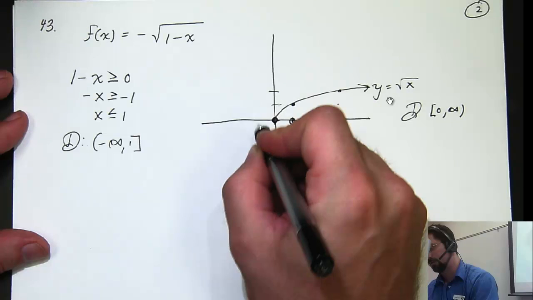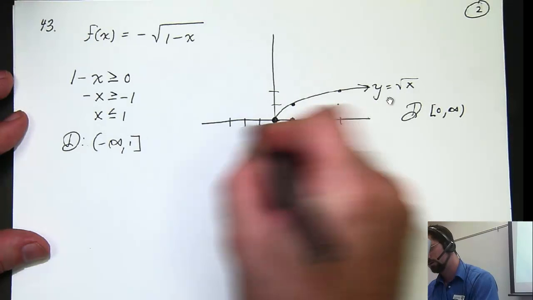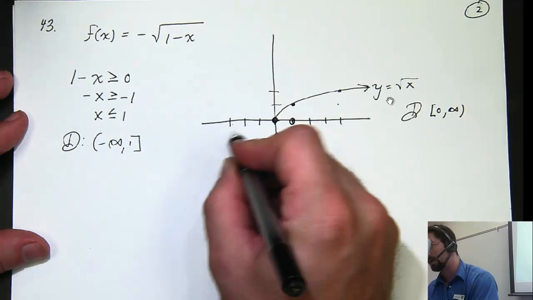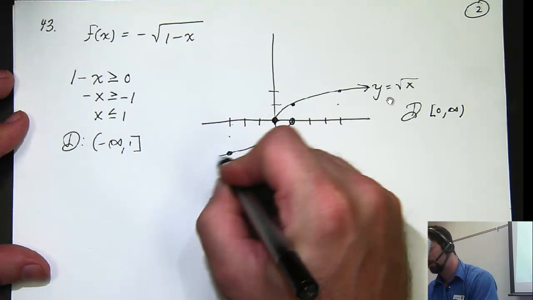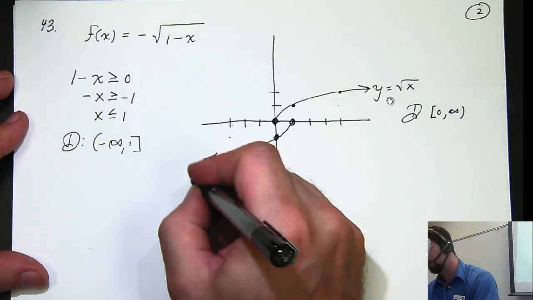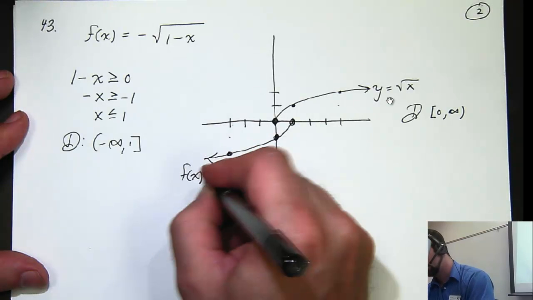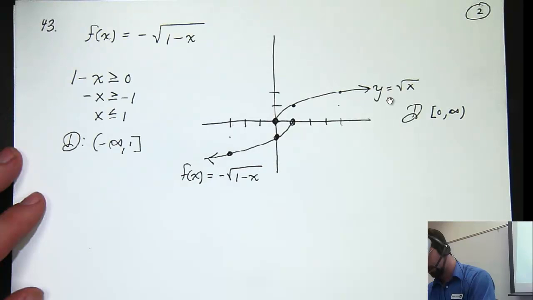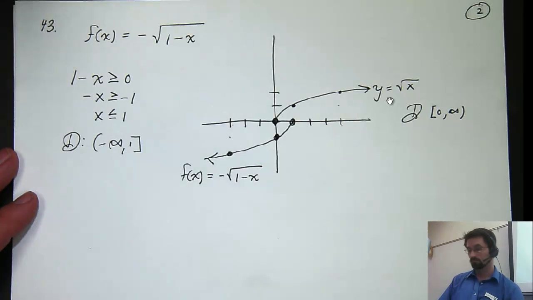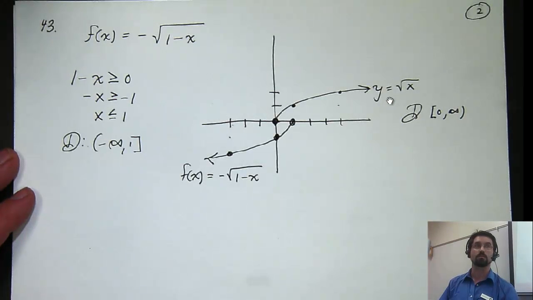The square root of 4, from here 1, 2, 3, 4 backwards, and instead of going 2 up, I'm going to go 2 down. And so this is the graph of f of x equals negative the square root of 1 minus x. You can confirm that on your calculator if you want to.